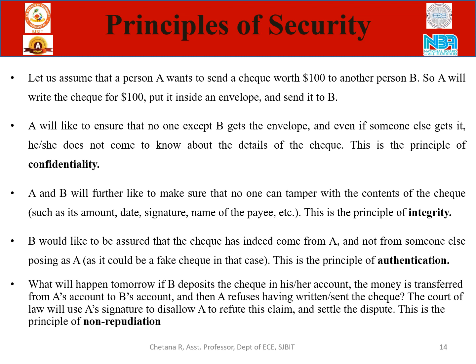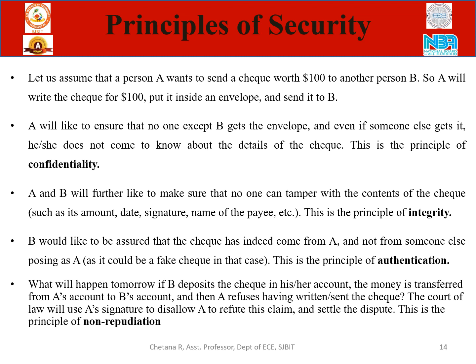If I have done some VTU work, I have to get the amount only from VTU, not from somebody else. Therefore, if I am B, I have to ensure that A is the one sending this. So B would like to be assured that the check has come from A and not from someone else. This is called authentication. The original sender has sent me the information, and protecting the identity of the origin is called authentication.